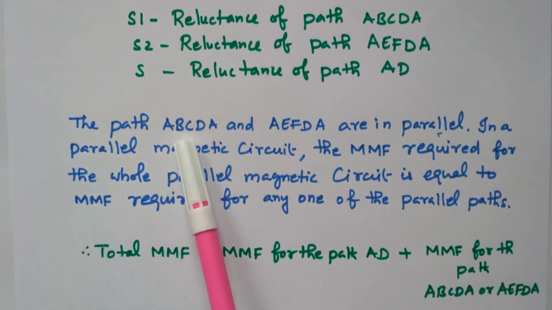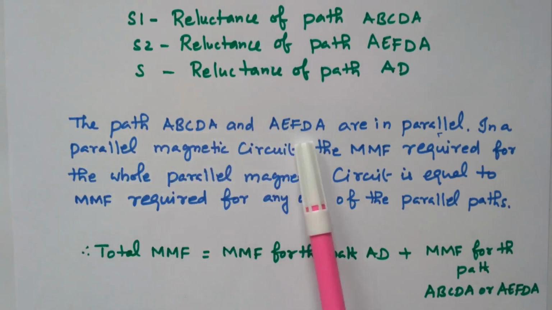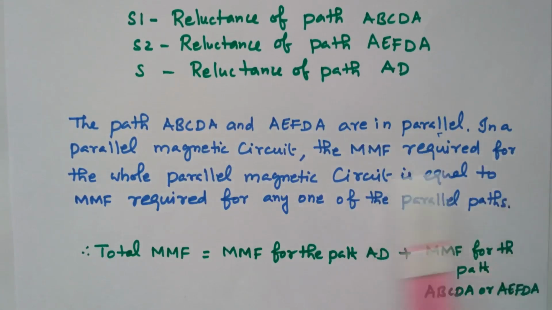The paths ABCDA and AFEDA are in parallel. In a parallel circuit, the MMF required for the whole parallel circuit is equal to the MMF required for any one of the parallel paths, because they are connected in parallel.